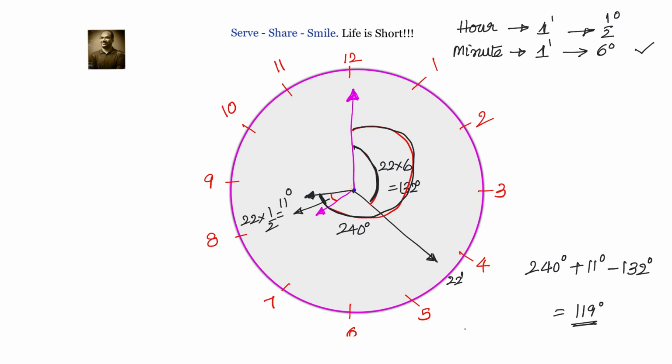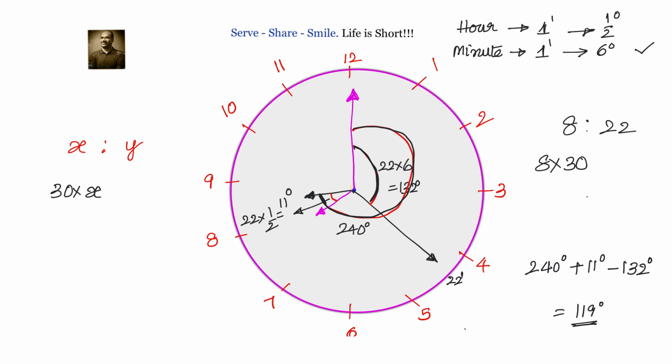Now once we understood this example, can we go ahead and generalize and get a formula for this, so that we don't need to do this each time and can just substitute in the formula? Let's have a look at that. Let us say the time given to you is x hours and y minutes. Let us see what steps we did with respect to 8:22. The same steps we'll try to do here. If it is 8:22, what we did is 8 into 30, so I will write 30 into x.